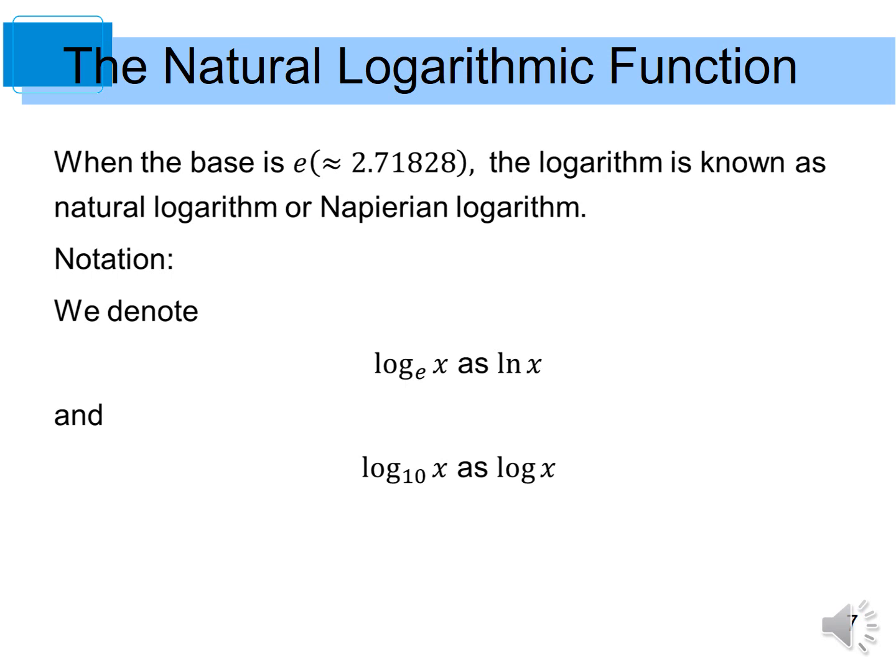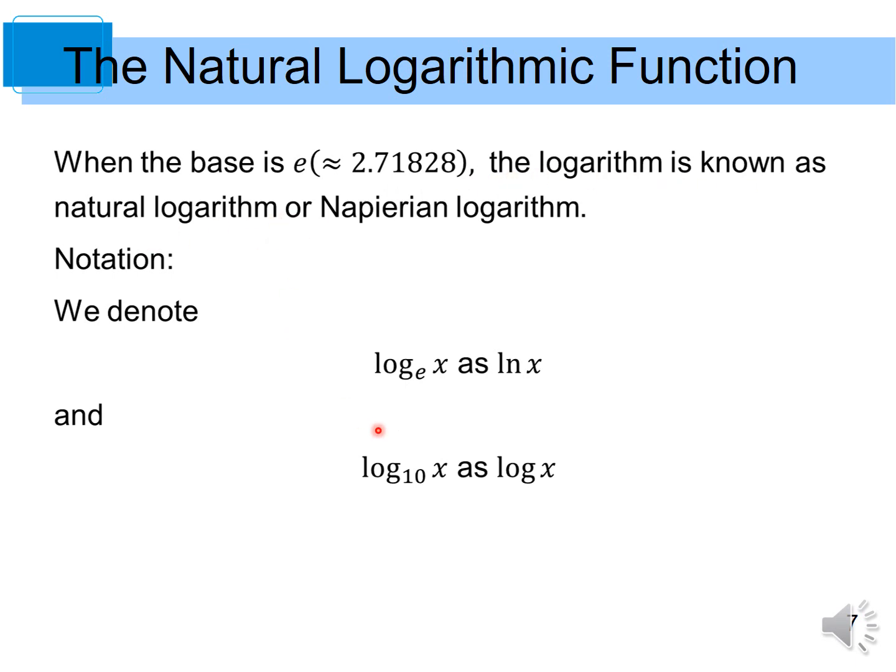First of all, you need to recognize what is the natural logarithmic function. When the base is equal to e, where the value of e is around 2.7, the logarithm is known as natural logarithm.